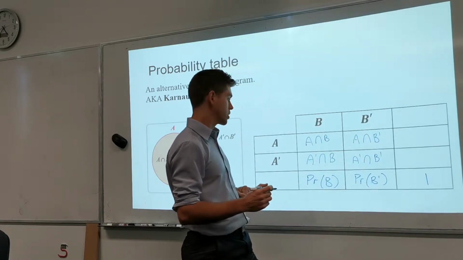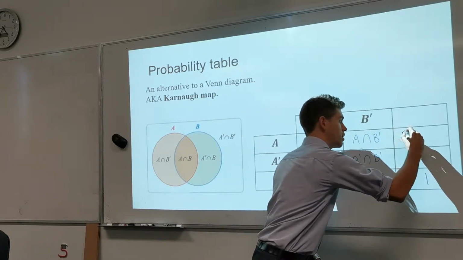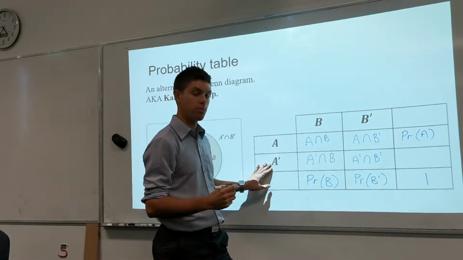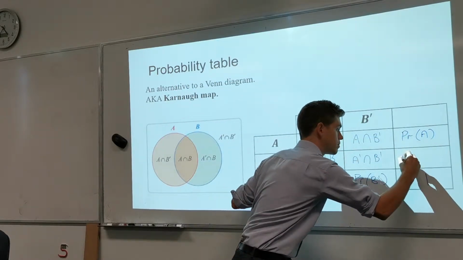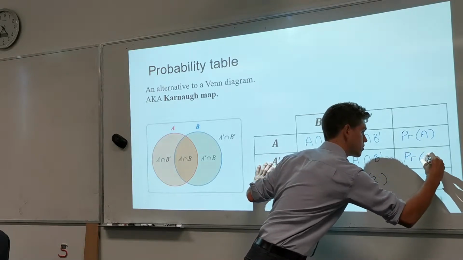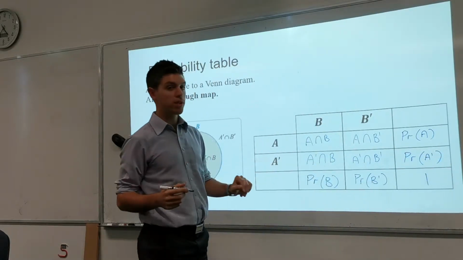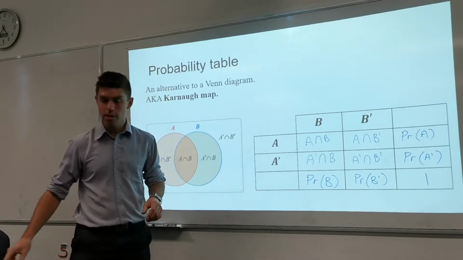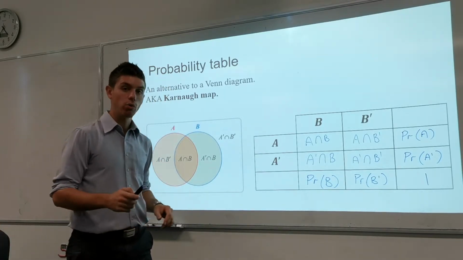These two horizontally must give us the probability of A, and these two must give us the probability of not A. And once again, those two probabilities together, A and its complement, must add together to be 1, or 100%.